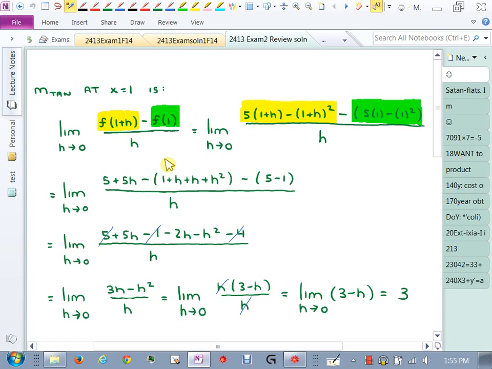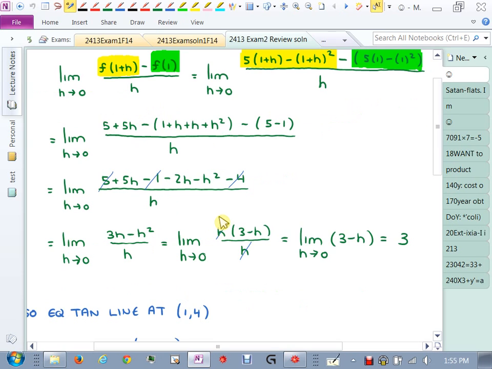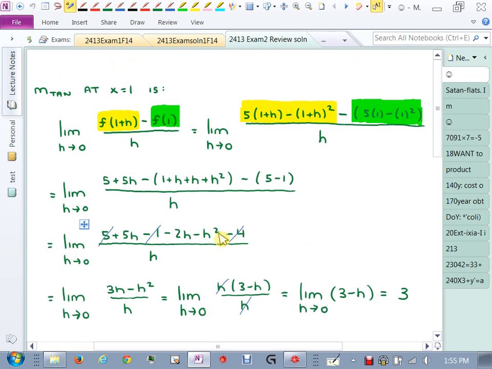If I say go replace all of the x's with 1 plus h's, it becomes 5 times (1 plus h) minus (1 plus h) squared. Oh. You understand where it comes from now? Yes. Yeah, absolutely.